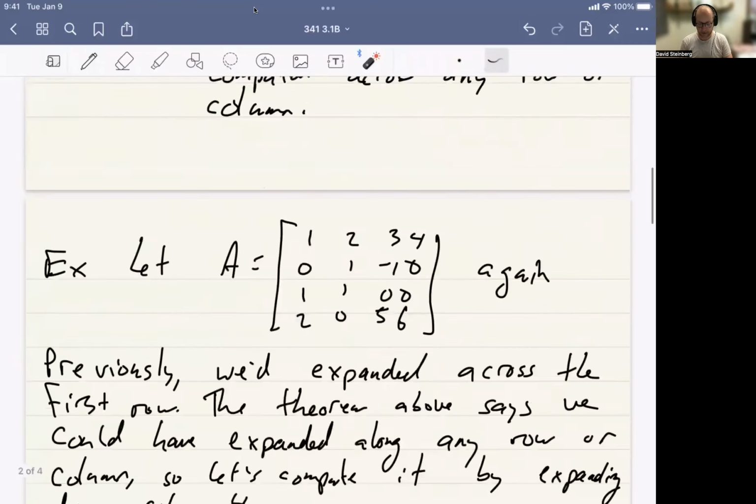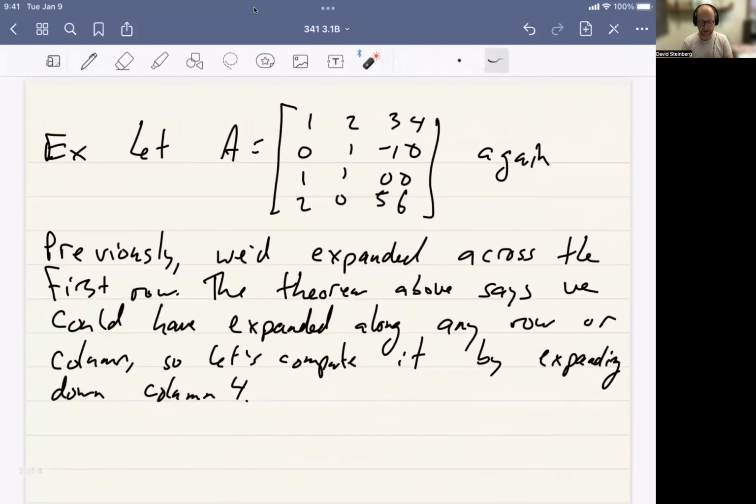So let's look at our old example. Last time we very painfully took 1 times the determinant of that matrix plus 2 times the determinant of this matrix, minus 2, plus 3 times the determinant of that matrix minus 4 times the determinant of this matrix.